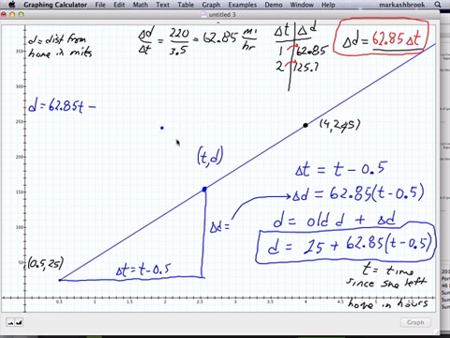I think you end up getting, so someone do this. I think it's minus 6.24. Is that right? Someone do this: 25 plus 62.85 times negative 0.5. So I'm simplifying this expression, expanding it and then adding the 25 plus the 62.85 times negative 0.5. I think it's negative 6.24. Someone check that.